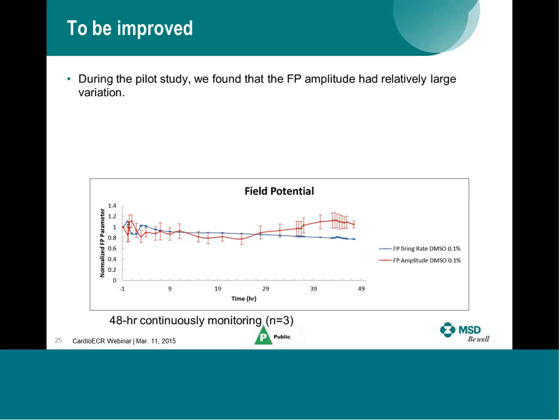The red plot here is the field potential amplitude, and the blue plot is the field potential firing rate. I want to bring your attention to the relatively large error bar for the field potential amplitude. In comparison, the error bar for the field potential rate is very small, barely visible in this plot.